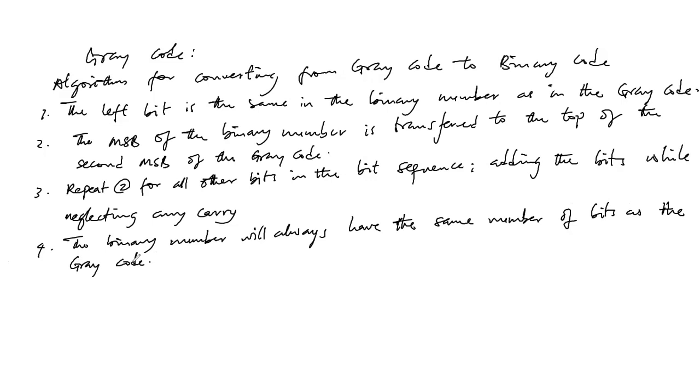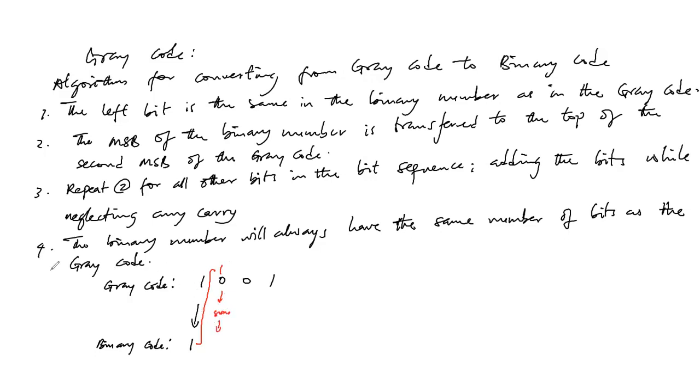So let us convert the grid code. Say we have this grid code 1001 to binary. So here we retain the first bit, and then remove this, this, and add them together.